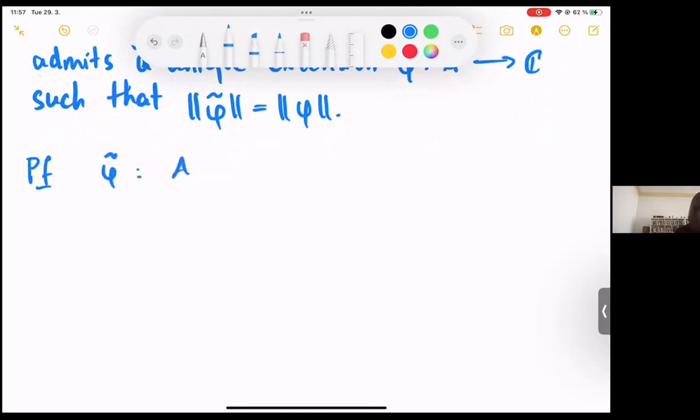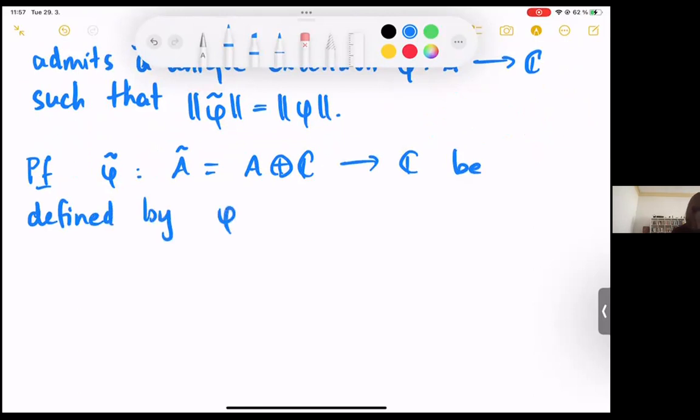If we have our phi, then recall that A tilde is just A plus C as a vector space, and this is a linear functional. So we can define phi tilde of A to be just phi of A for every A in A.